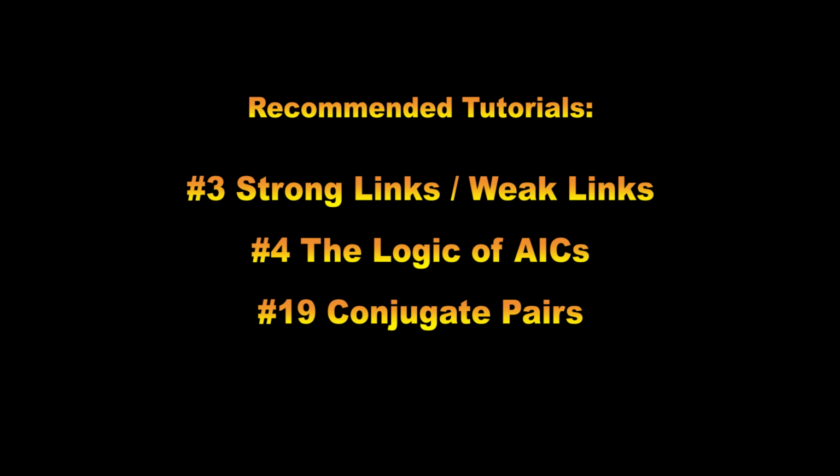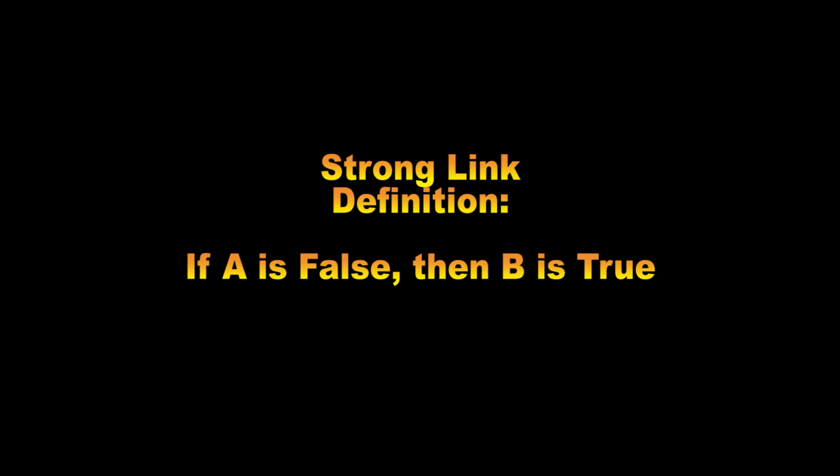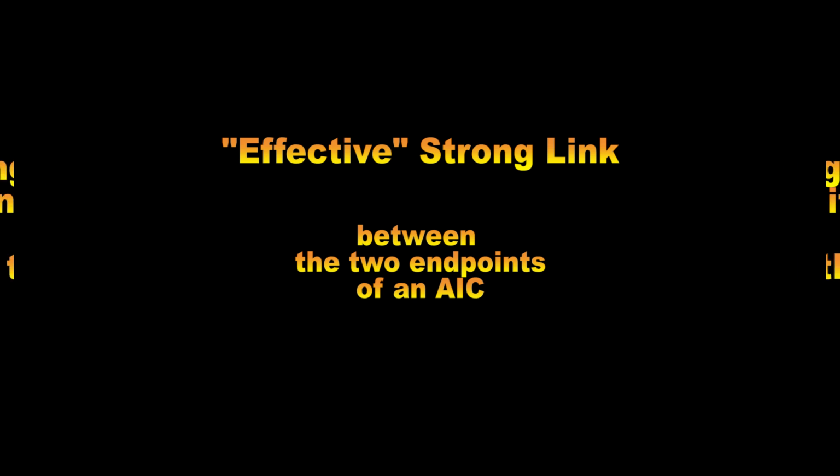Let's first review the formal definition of a strong link. If A is false, then B is true. This powerful conditional statement is at the very heart of the principles we will be employing in this lesson and the next. There is what I call an effective strong link between the two endpoints of an open-ended alternate inference chain.